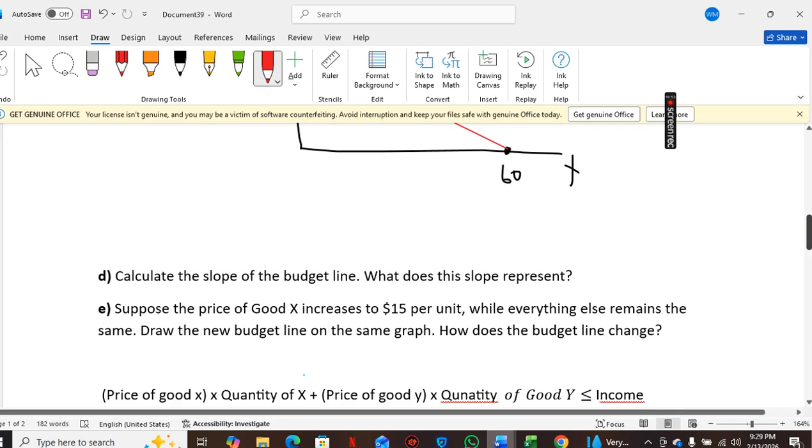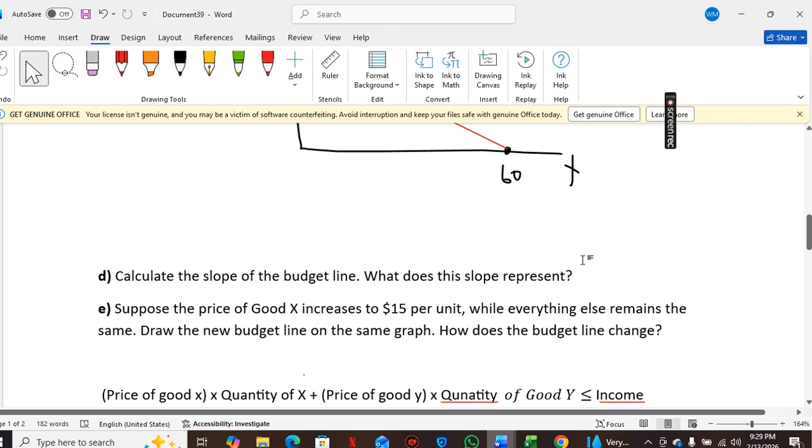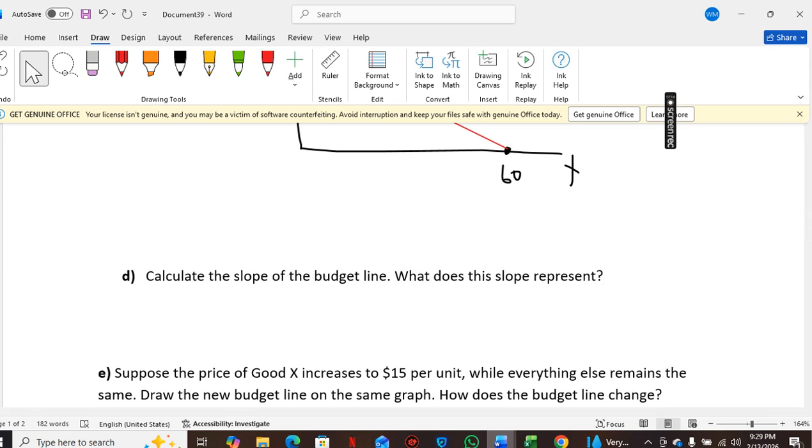Then calculate the slope of the budget line. What does this slope represent? Remember when we looked at the indifference curves, our slope was the marginal rate of substitution, our trade-off rate.